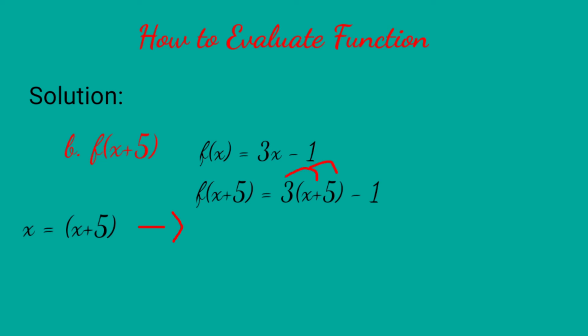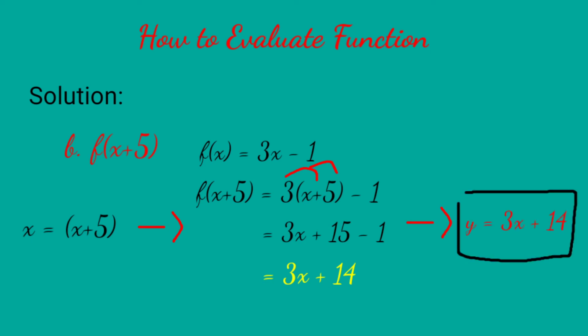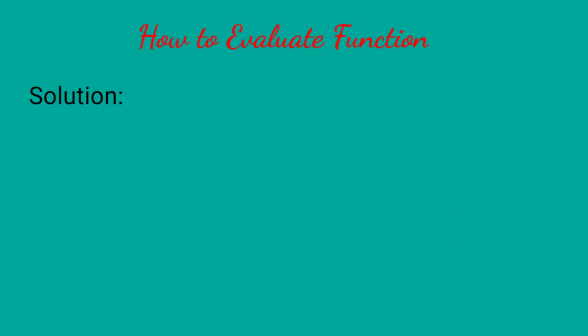So, 3 times x, that is 3x. 3 times 5, that is positive 15, then minus 1. So, we have 3x plus 15 minus 1. So, 3x, copy nyo lang to, plus 15 minus 1, that is positive 14. So, our final answer, or our output, is equal to 3x plus 14.